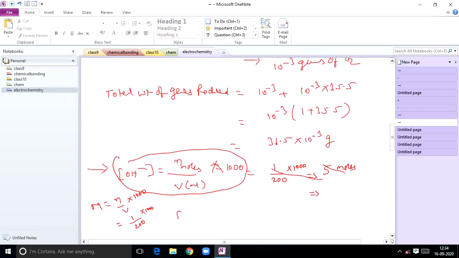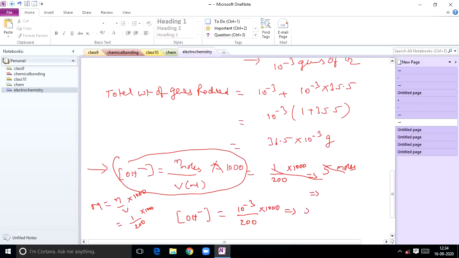So concentration of OH minus ion is equal to number of moles. How many moles of OH minus ions are there? 10 power minus 3. See carefully. 10 power minus 3 moles divided by 200 ml into 1000.